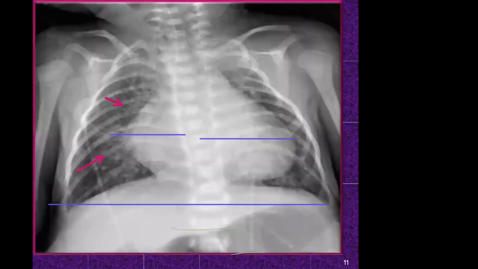So what do you think? What do you notice over here? We had a session also on the chest x-rays, right? So what do you notice over here?